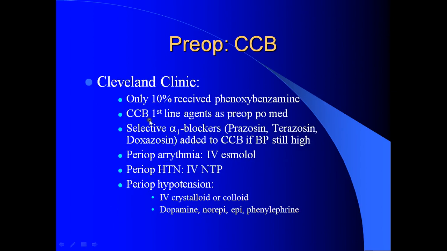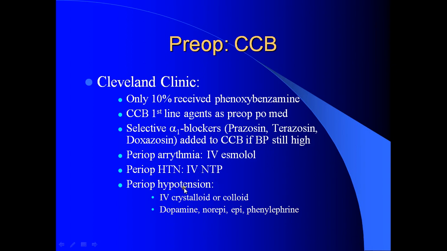At the Cleveland Clinic, it was seen that only 10% received phenoxybenzamine. A calcium channel blocker was the first-line agent as pre-op oral medication. Selective alpha-1 blockers, prazosin, terazosin, and doxazosin, were added to the calcium channel blocker if BP was still high. Peri-op arrhythmia was treated with IV esmolol, and peri-op hypertension was treated by IV nitroprusside.